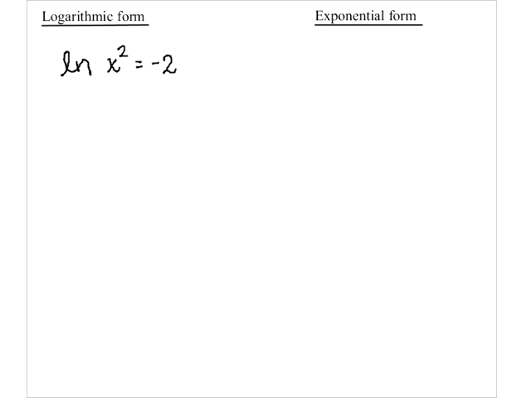Now once again, this log has no base. So in this case, if it's ln, no base with ln means the base is understood to be e. Okay? So you might want to pencil that in to remind you.